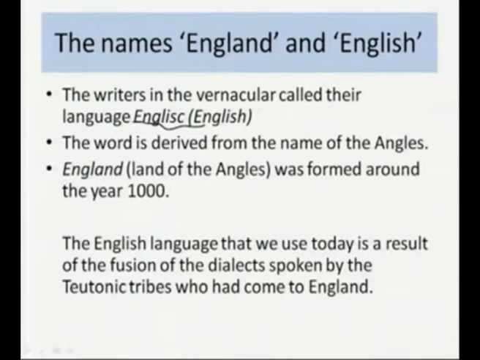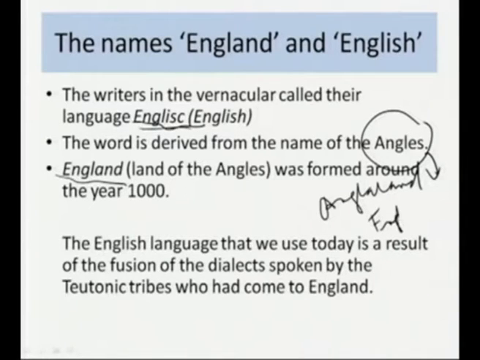English is derived from the name of the Angles, and England, which is called Engleland or Angleland, from Angles, Angleland or later Engleland, which is shortened to England.